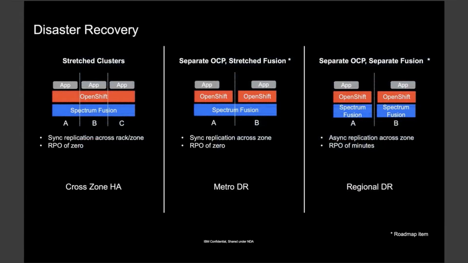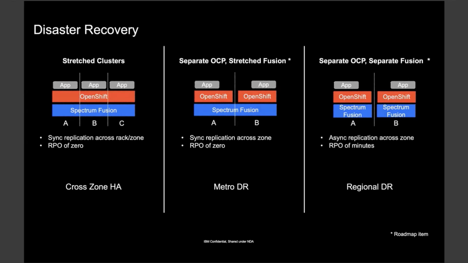We are also building disaster recovery into the platform. Today, you have the capability to stretch a Spectrum Scale cluster across multiple sites and be able to tolerate a site going down. We are leveraging that capability in Spectrum Fusion to provide multiple levels of disaster recovery capability.